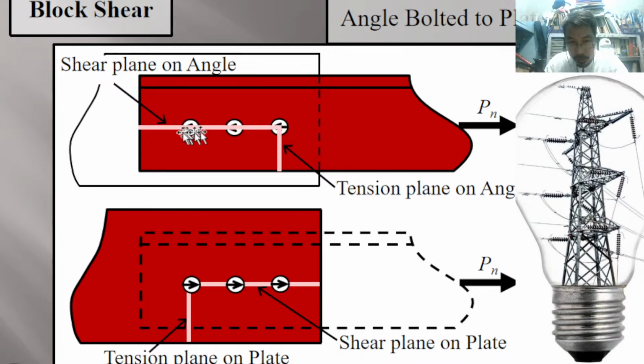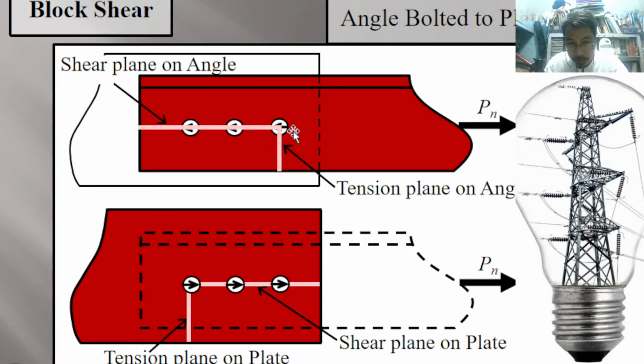Since this is a series of bolts, this is a shear plane through the center of the bolts, just because that is the weakest link. And then it may not push throughout, because as you can see, this is a member.